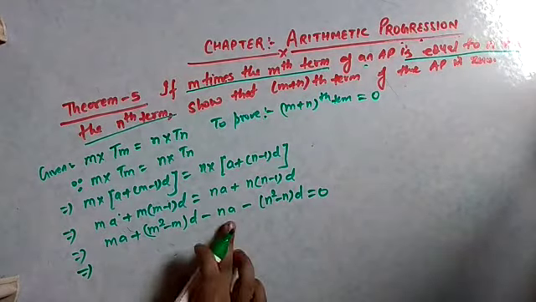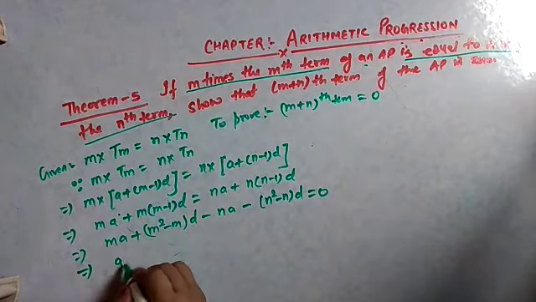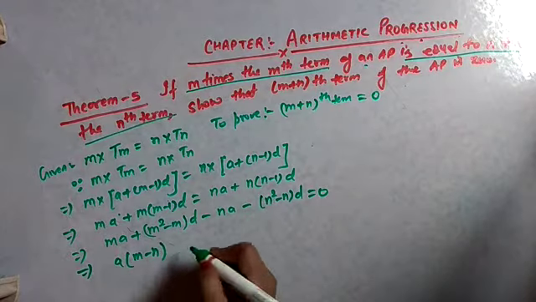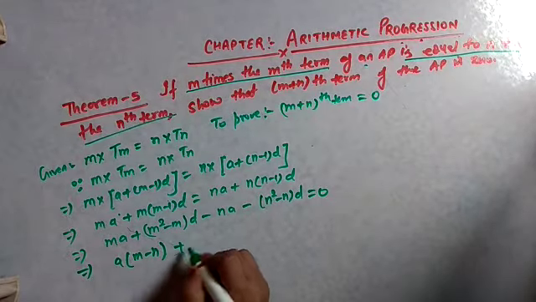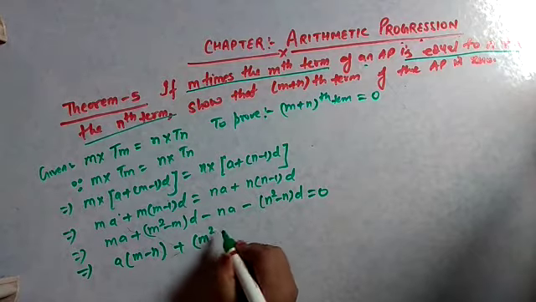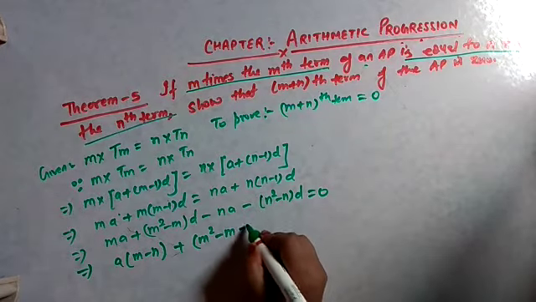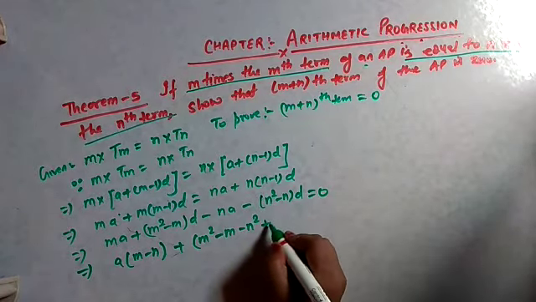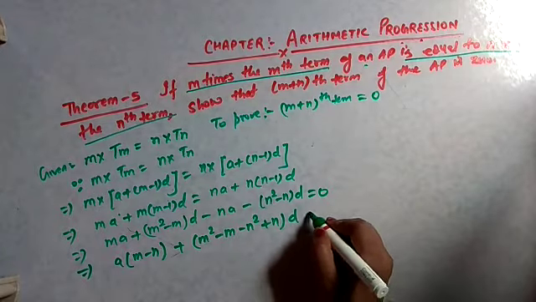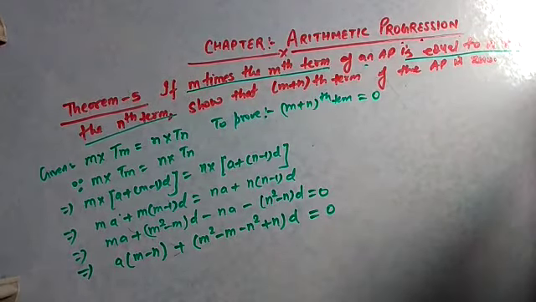Now when we take a common from this, we will get a into (m minus n) plus (m square minus m minus n square plus n) d equals 0.